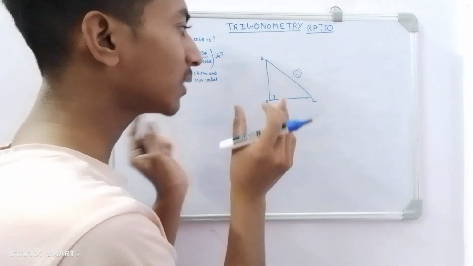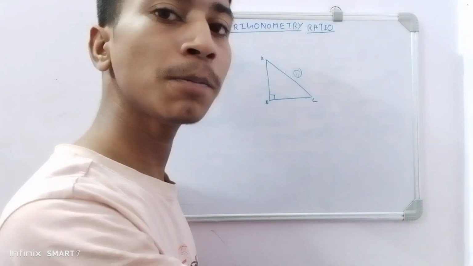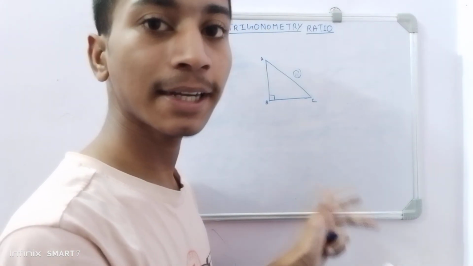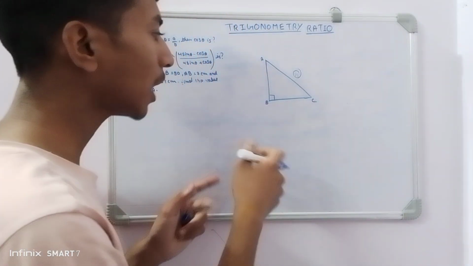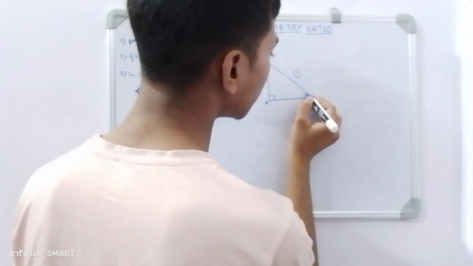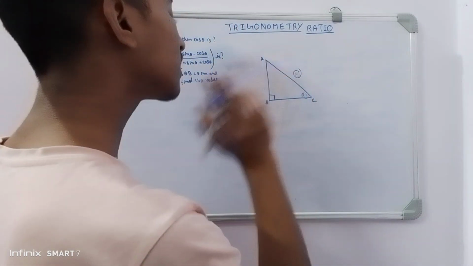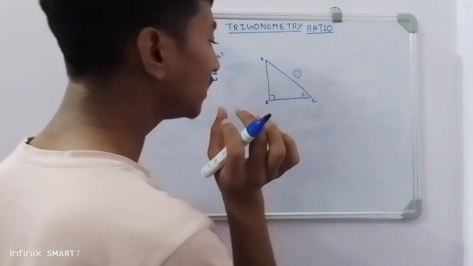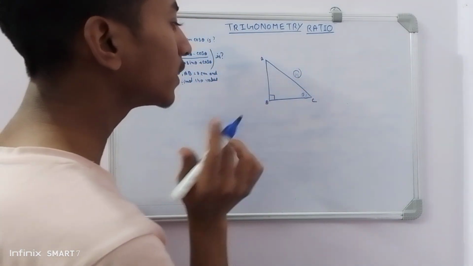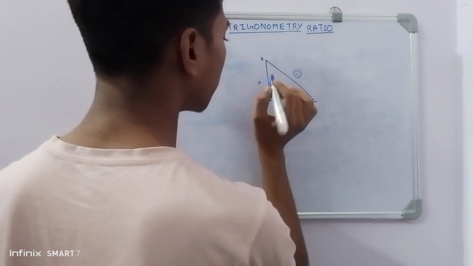We have to first understand the meaning of base and perpendicular, and then we will proceed to understanding trigonometry. So first we have to understand the base. Let's suppose this angle is named theta. For this theta, or relative to theta, BC becomes the base and AB becomes the perpendicular.